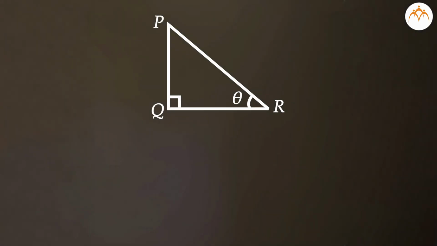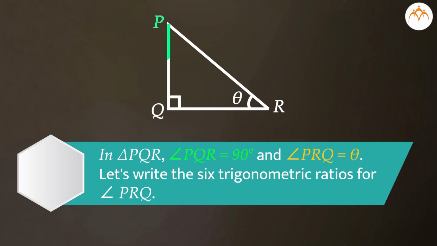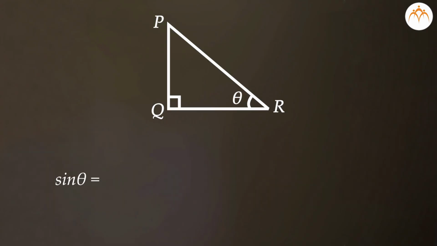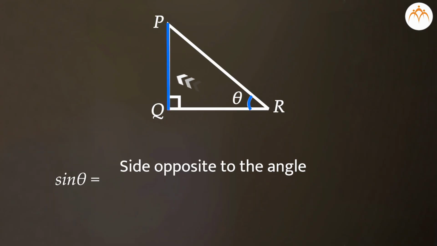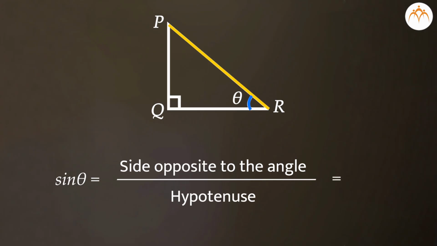See this figure. This figure shows that in triangle PQR, angle PQR is equal to 90 degrees and angle PRQ is equal to theta. Let's write the 6 trigonometric ratios for angle PRQ. Sin theta is equal to side opposite to the angle upon hypotenuse equal to PQ upon PR.